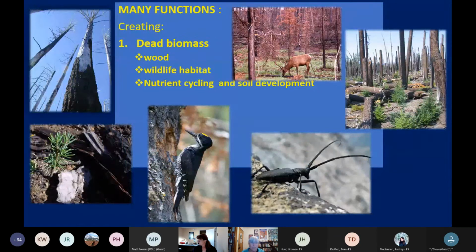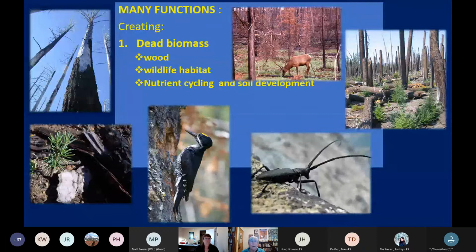Once the smoke settles, one of the most obvious effects of fire is creating lots of dead biomass. And probably the most obvious dead biomass that folks see in our part of the world is standing dead snags, which eventually fall down and become down wood. And those structures perform really important functions.